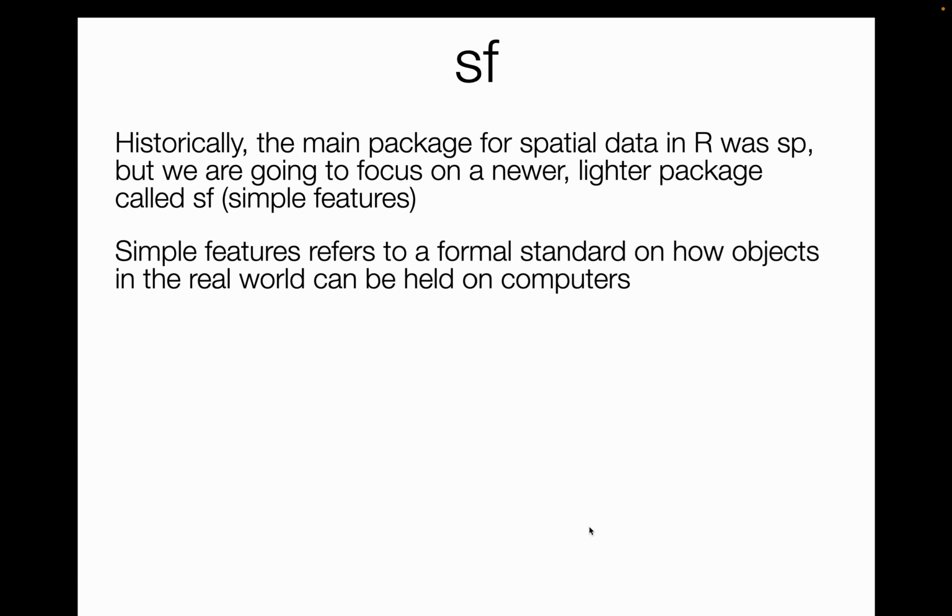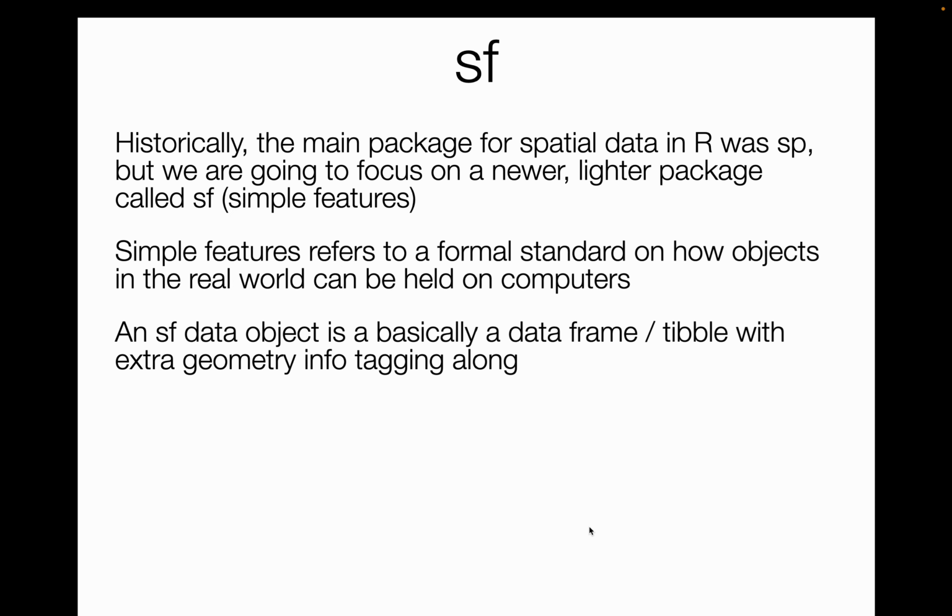Simple Features refers to a formal standard on how objects in the real world can be held on computers. I don't know nearly enough about it to talk at length, but in the computer science world, there are standards that govern how a lot of different things should be held on computers, and that's what this is referring to.